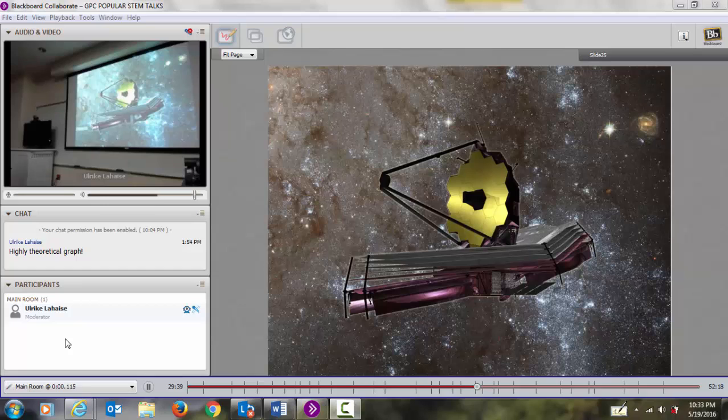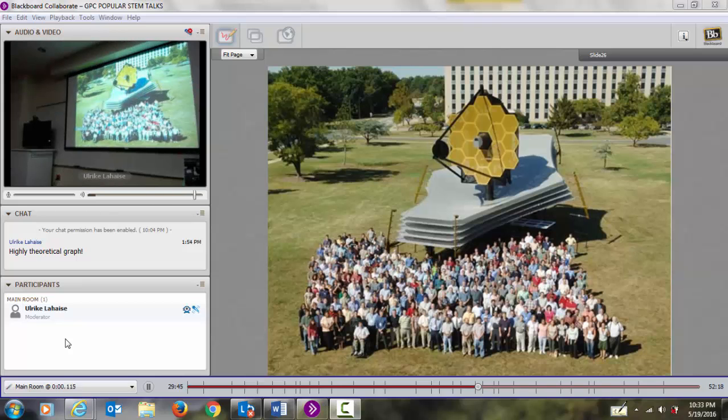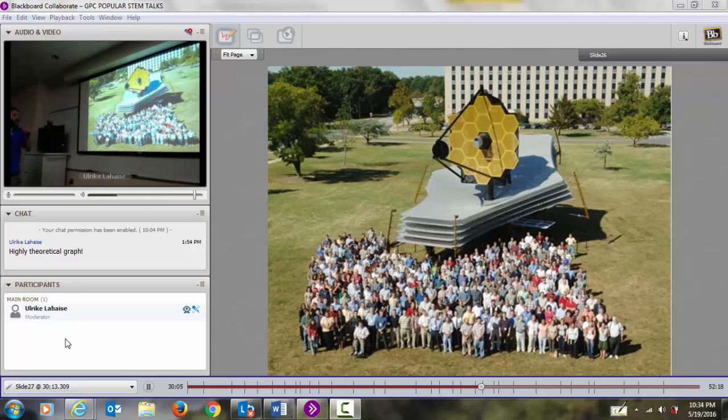And this big thing is the mirror that'll do the focusing of the light. This is a mock-up of it to show you the scale. And I guess these are people involved in its development. The Hubble mirror is probably about that big. So it's a much larger mirror, much more sensitive. In other words, it'll be able to detect fainter sources of light and resolve them with better angular resolution.